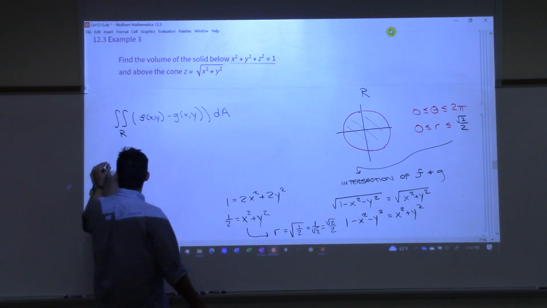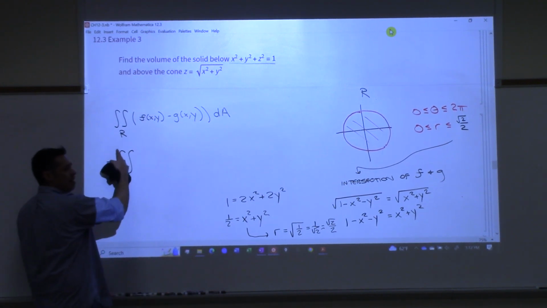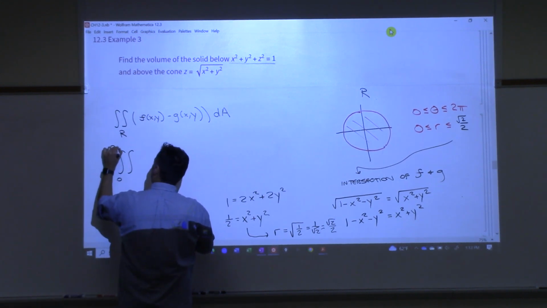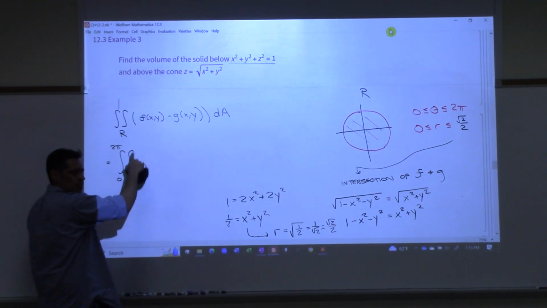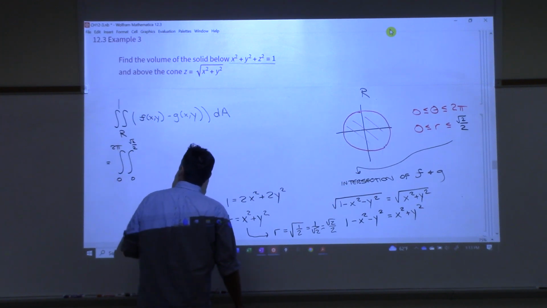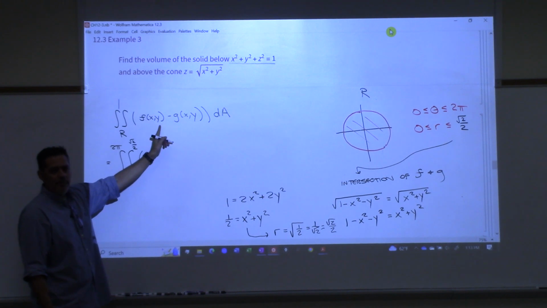So because I'm converting to polar, my double integral now is going to be first my restrictions on theta. I'm going to go theta here, so it's 0 to 2 pi. And then I'm going to do my restrictions on r, which goes from 0 to root 2 over 2. And then inside, I need my function f of xy, but I need to convert it to polar.